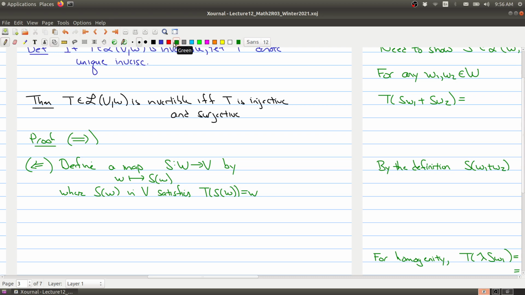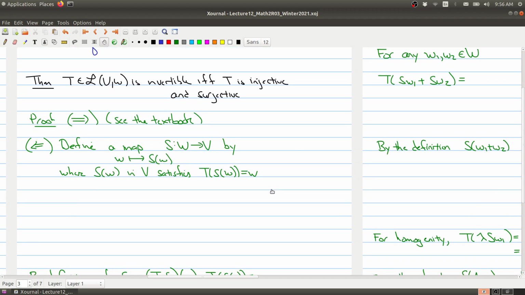One direction, I'm going to let you look up in the textbook. It's only a couple paragraphs to show that if it's invertible, then the function T is injective and surjective. So I wanted to walk you through the proof of the reverse direction, because it's a little more subtle, and I want to help you through the details here.